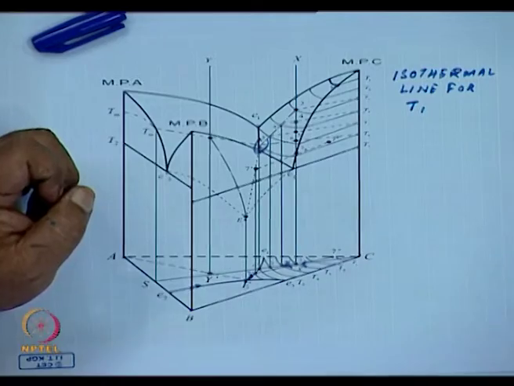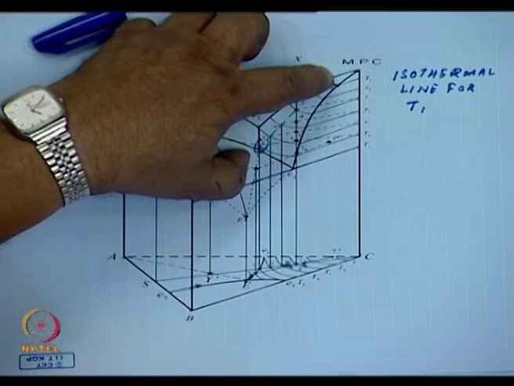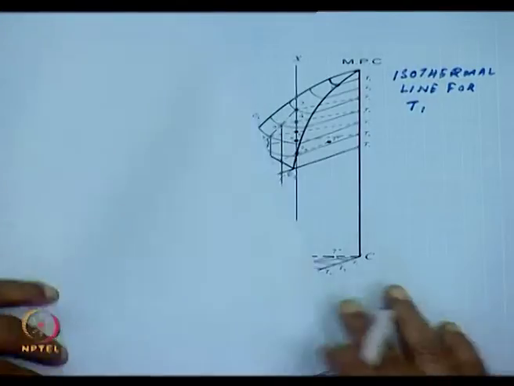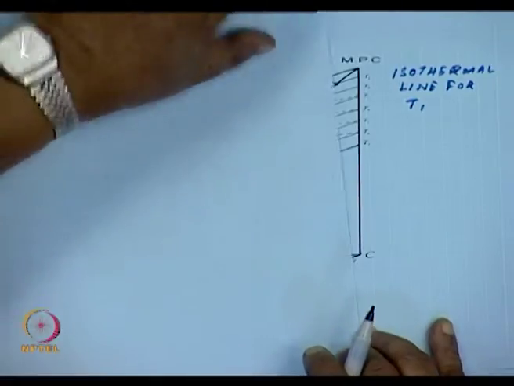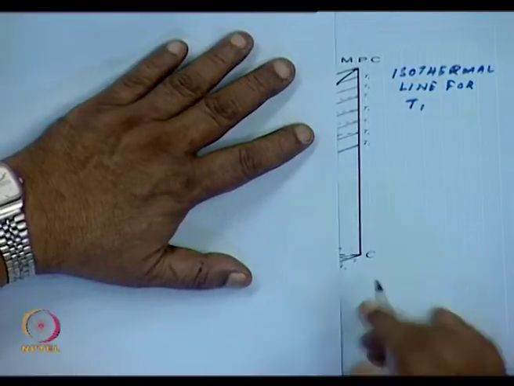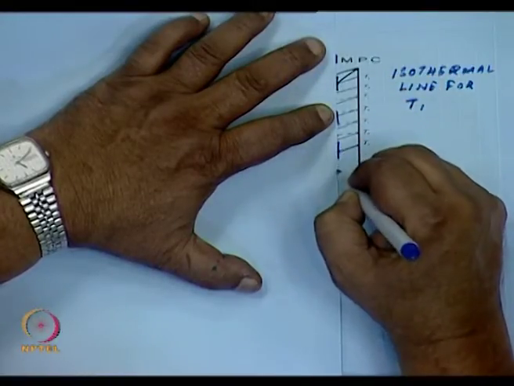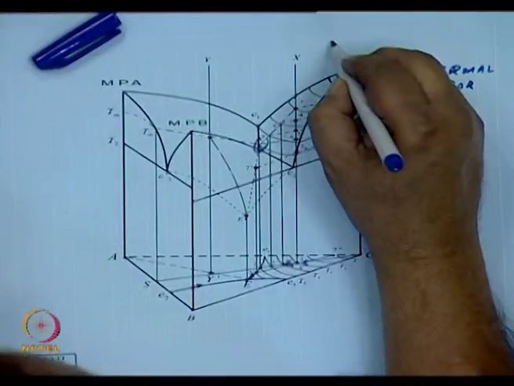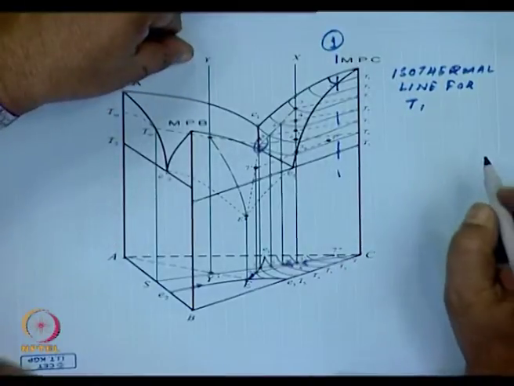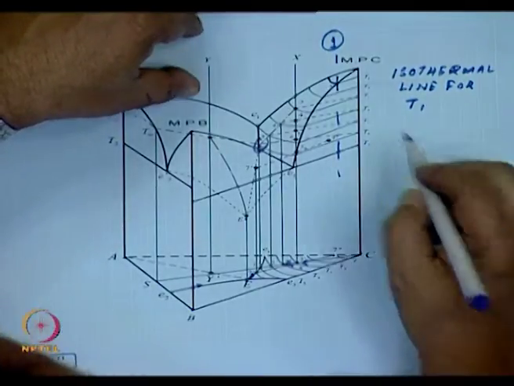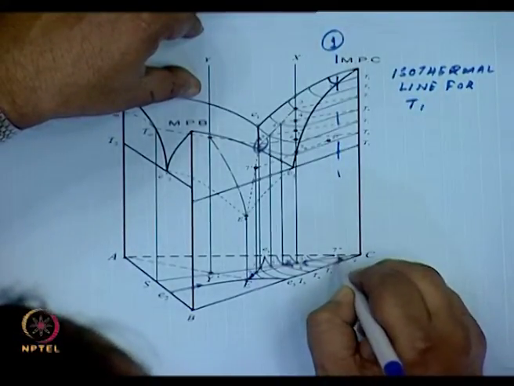However, if the composition was here, let us say I put it over here, and let me label this 1. Obviously, what would have happened? This would have started off from here.